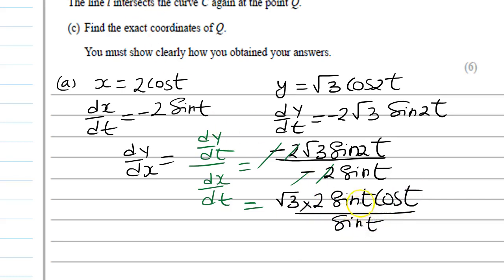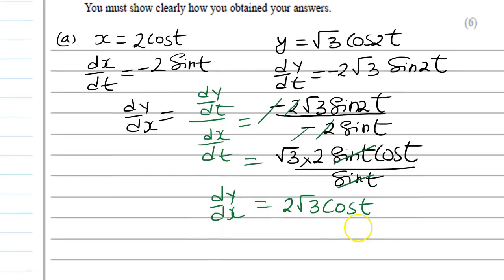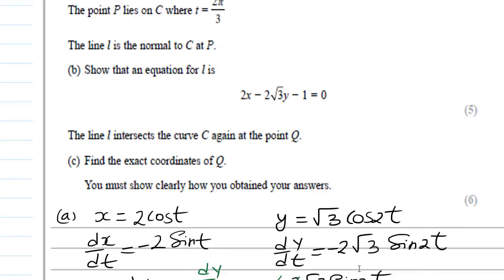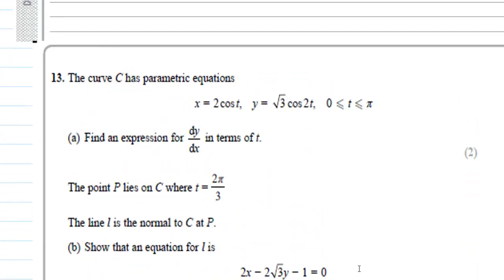Now sine t and sine t cancel, so we got 2 root 3 cos t. So dy by dx is 2 root 3 cos t. So this is our first part, because the first part says find an expression for dy by dx in terms of t, that is a 2 marks question.